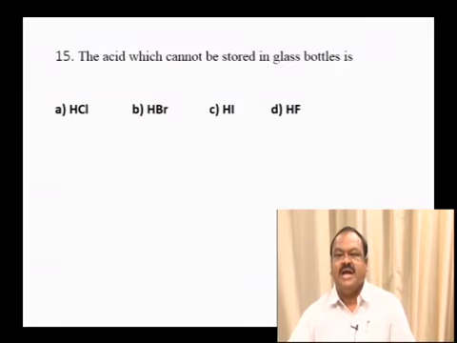Next, the acid which cannot be stored in glass bottles. Students, as we observed in the regular classes, that is in the laboratories, HCl, HBr, HI are stored in the bottles.